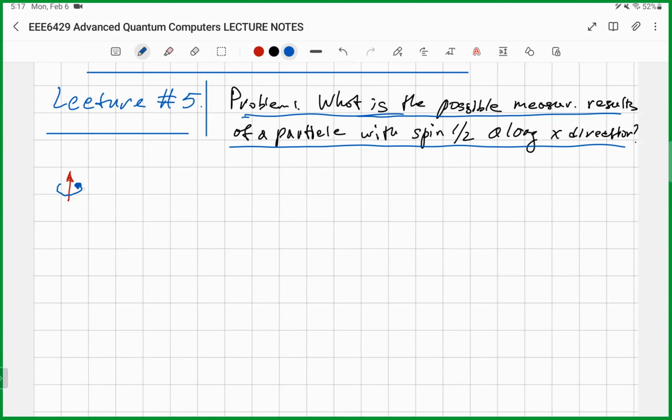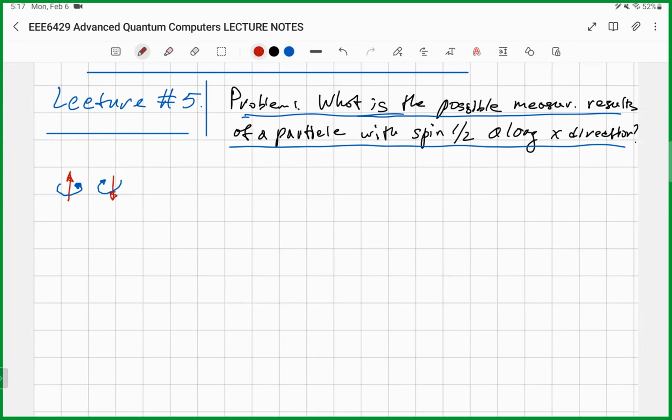So this is the spin direction. And if it rotates in the opposite direction, it is equivalent to this spin pointing down.